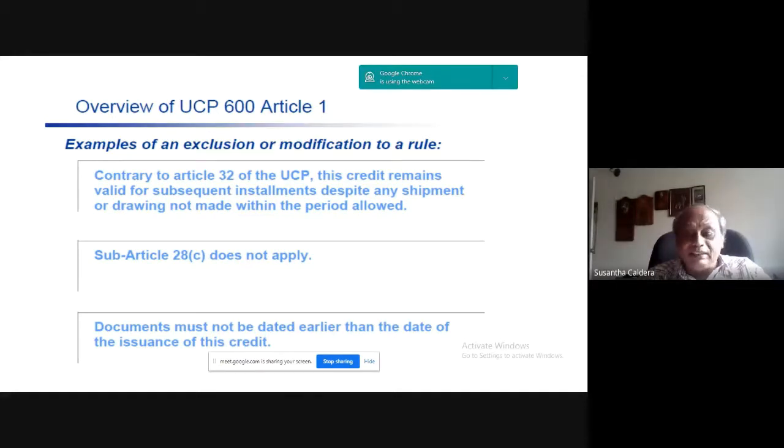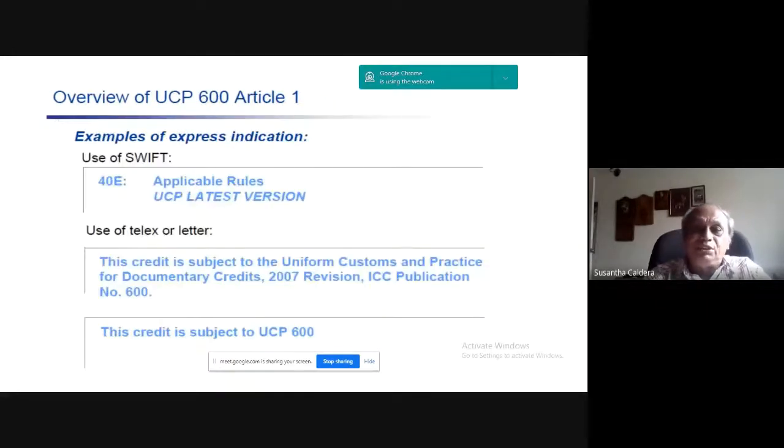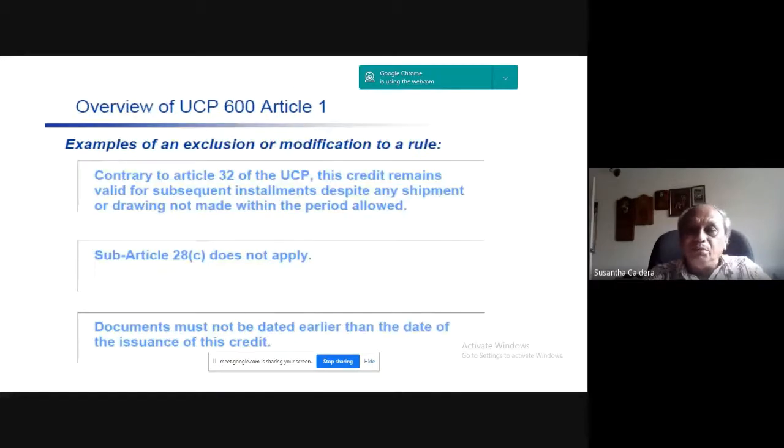So if you are accepting the cover notes, then you have to say you are starting with UCP latest version, but you have to mention the modification or exclusion, sub-article 28C does not apply. You got my point?